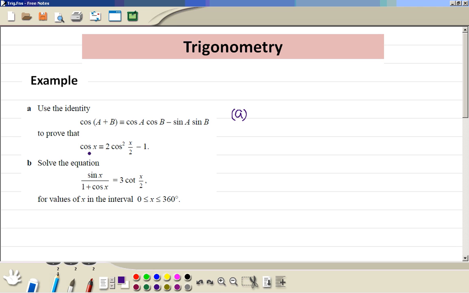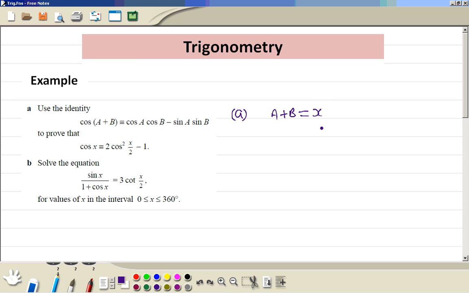Because we need a cosine x here, the left hand side needs to be cosine x. So therefore a plus b is equal to x.